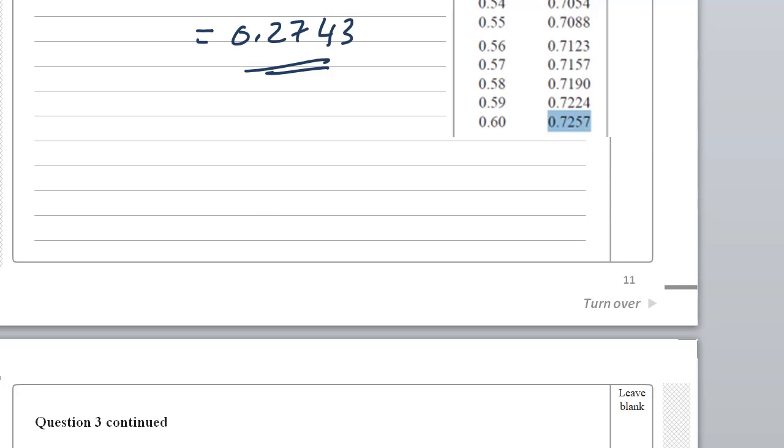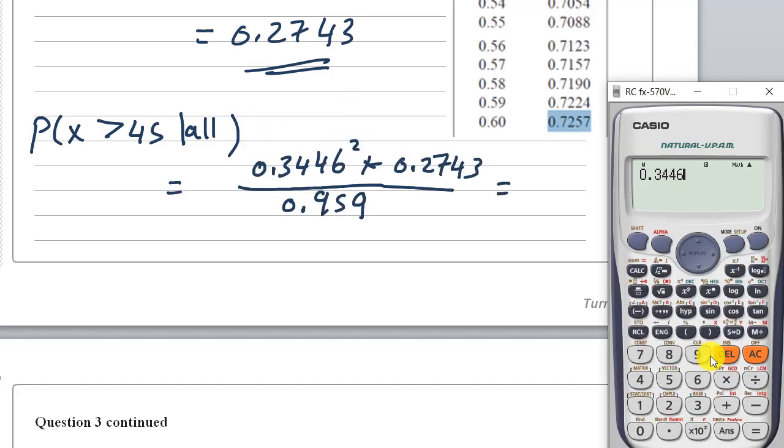Now I need the probability of x bigger than 45 from all. So it's equal to 0.3446 multiplied by 0.2743 divided by 0.959.